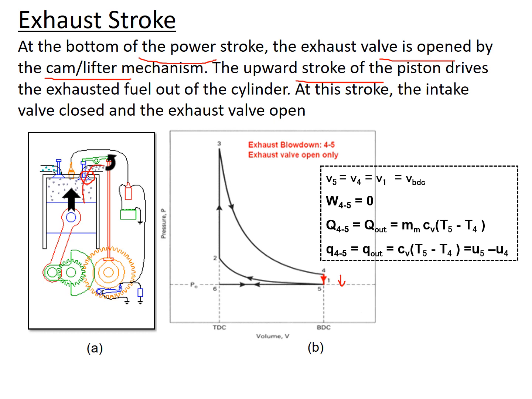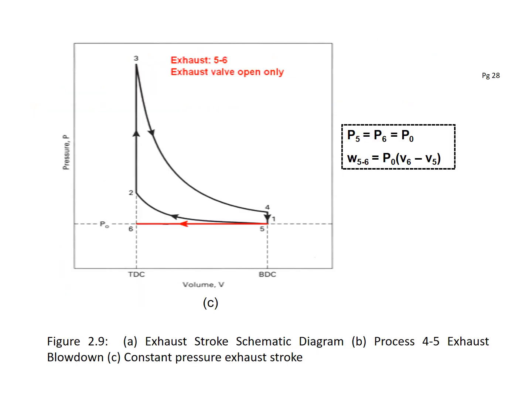At this stroke the intake valve is closed and the exhaust valve is open. The volume inside the combustion chamber is becoming lower and lower as the exhaust goes out, and this is the constant pressure exhaust stroke.